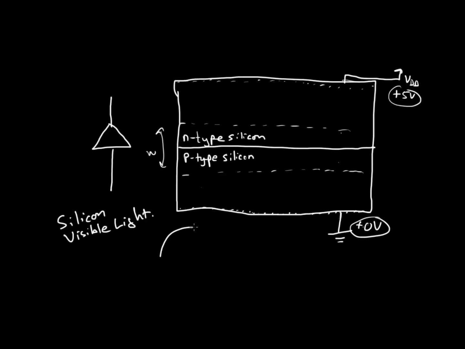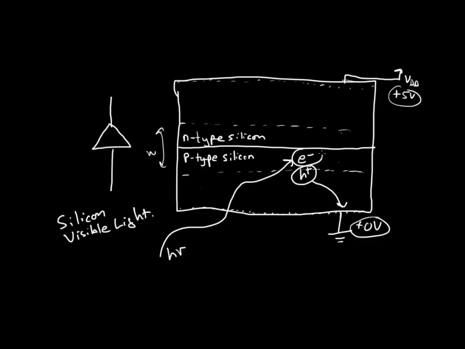So let's say we have a photon coming in with some energy, h nu. Well, if it has enough energy, it creates an electron-hole pair. What's going to happen to this electron-hole pair? Well, the hole is going to be attracted to the most negative potential in the system, and that's going to be 0 volts, so it's going to go there and just get sucked away to ground.